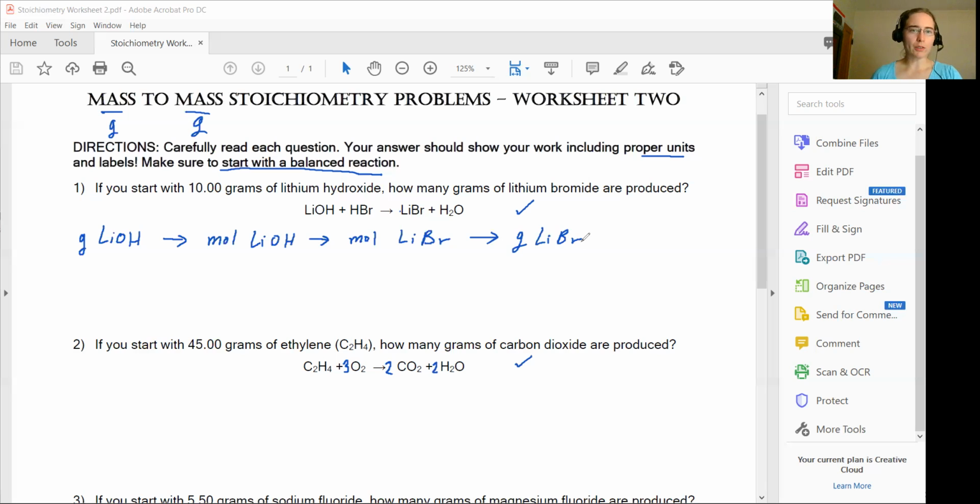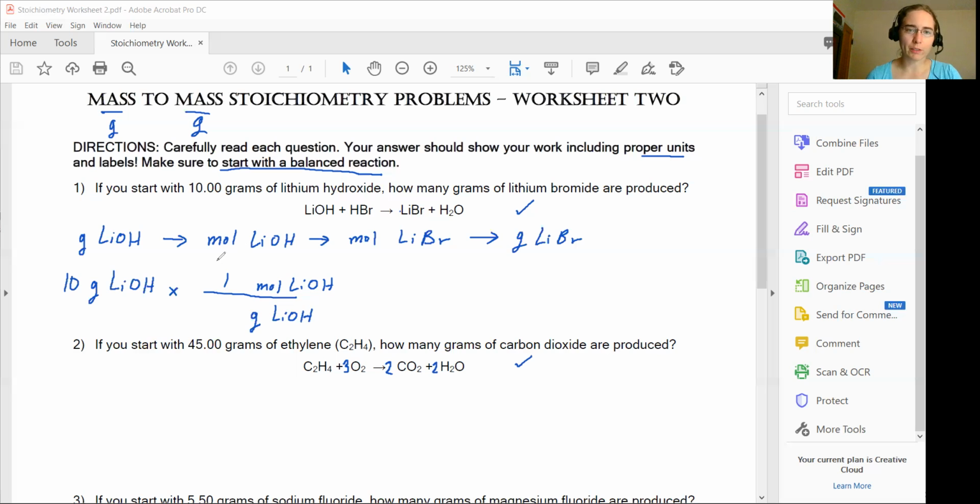As for how you solve that, you're going to start with your 10 grams of lithium hydroxide. We'll convert from grams to moles. So moles of lithium hydroxide goes on the top because that's what we want. Grams of lithium hydroxide goes on the bottom because that's what we want to get rid of. And 1 mole of lithium hydroxide is equal to some number of grams.